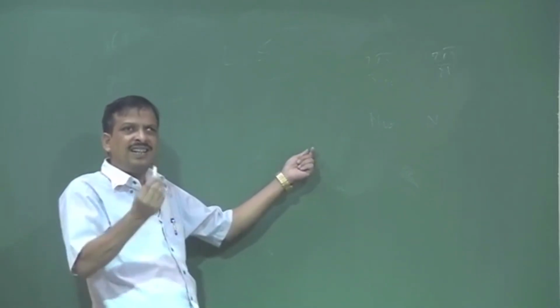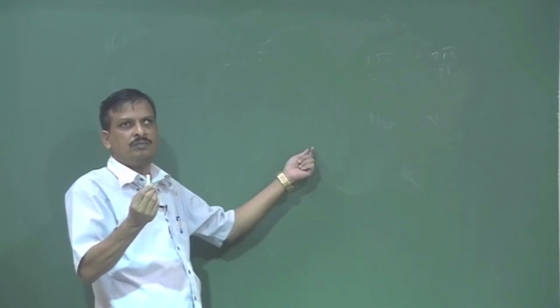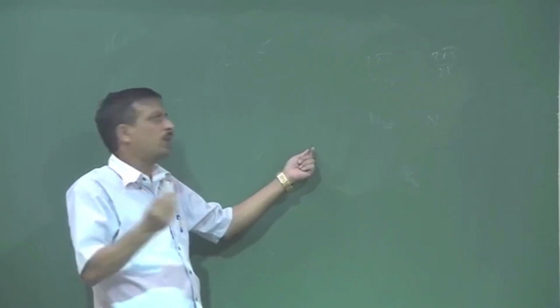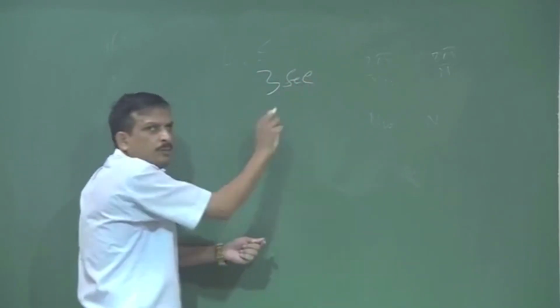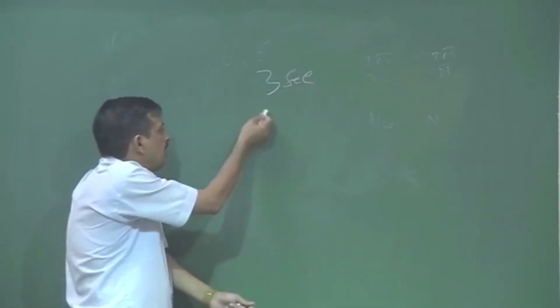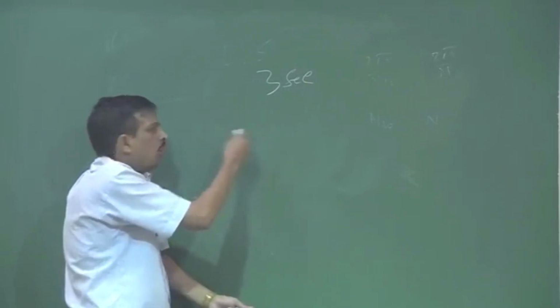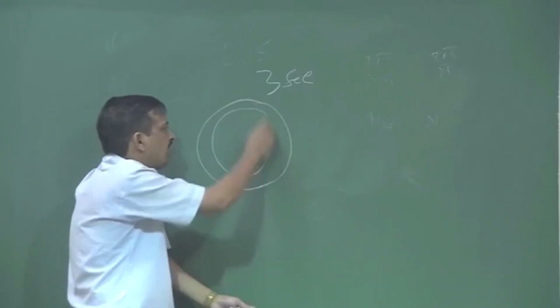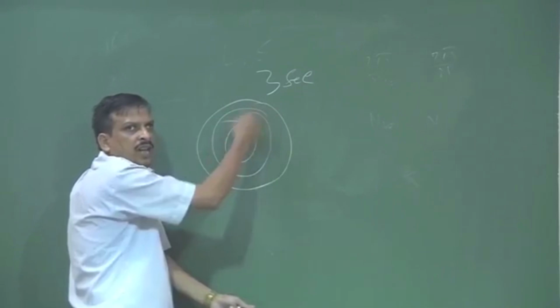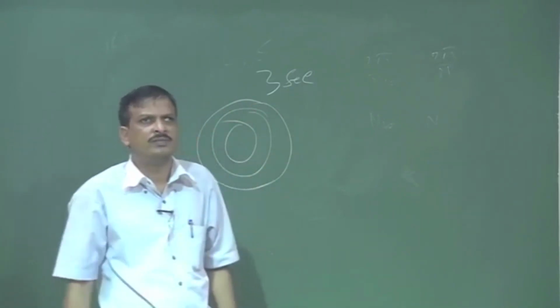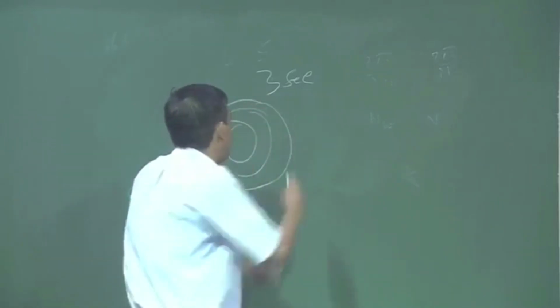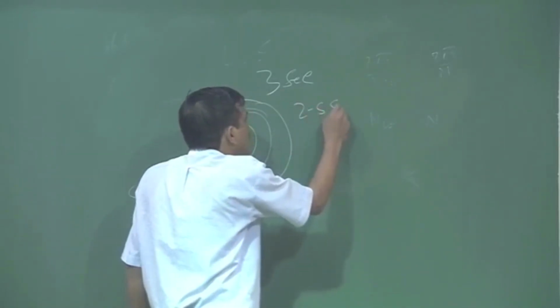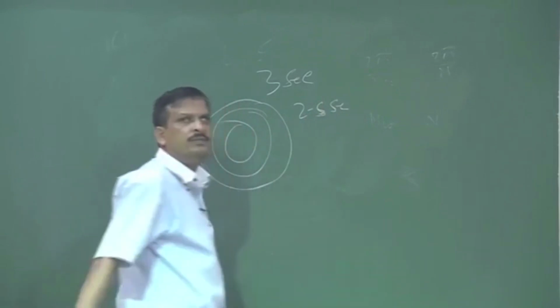If I increase the speed, what will happen? Suppose there is a 3-second signal, now I increase the speed. If I increase the RPM, time will be reduced, so instead of a 3-second song, I can get a 2.5-second song, or let us say a 2-second song.